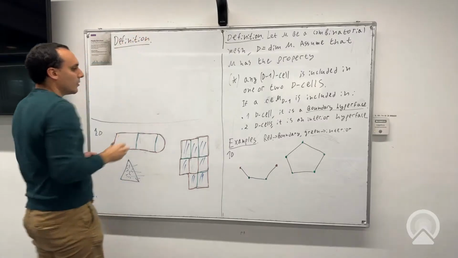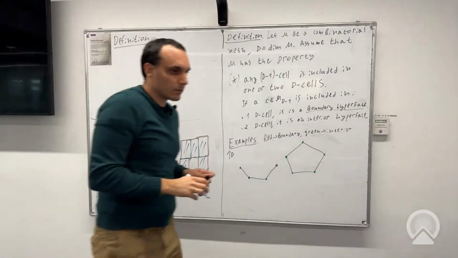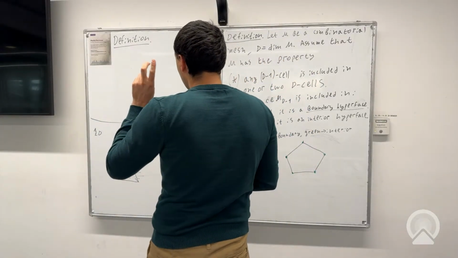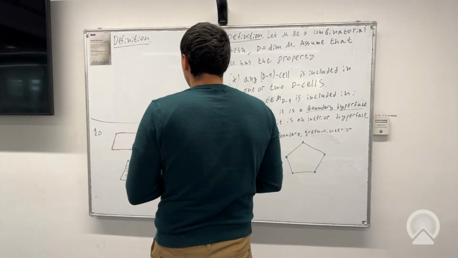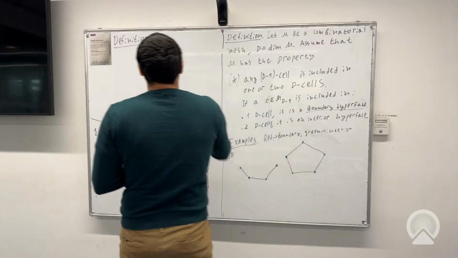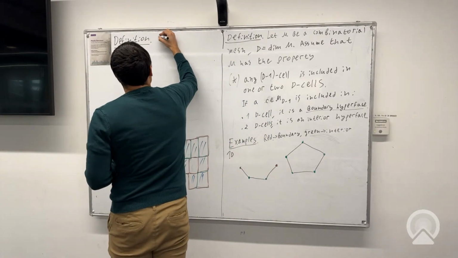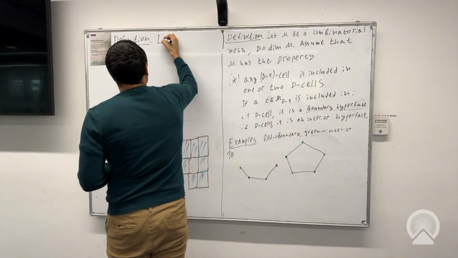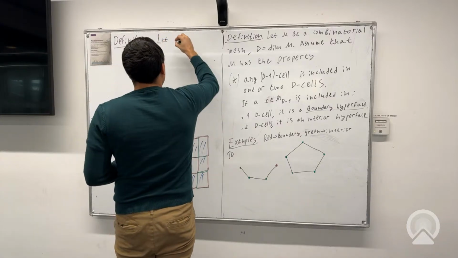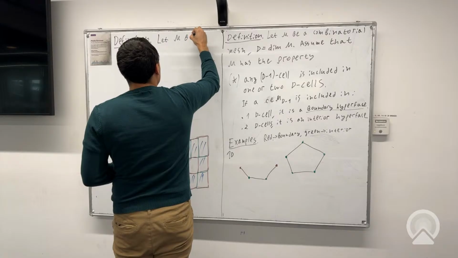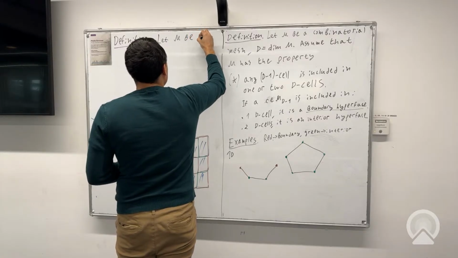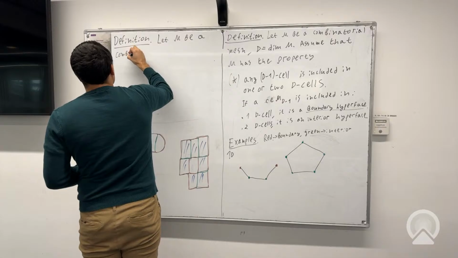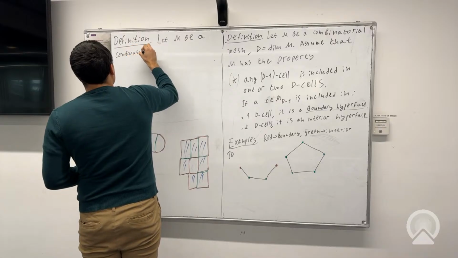Okay, so now let's define what a fundamental class is. I will need this for doing some kind of discrete integration. So let M be a D mesh, a combinatorial mesh.